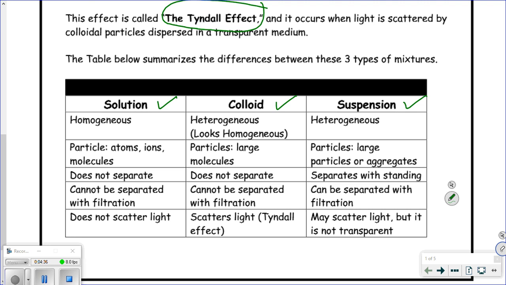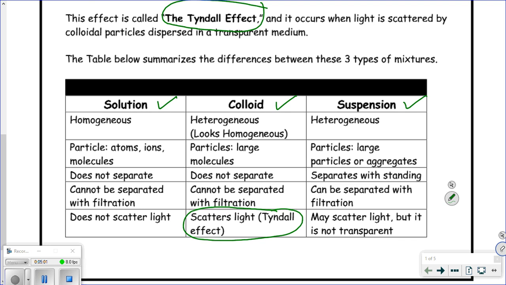Your particles are pretty large molecules. It doesn't separate, and it also cannot be separated with filtration. However, you notice here it scatters light. So if you have a liquid that looks homogeneous, and you took a light beam and could see the actual light beam through the liquid, then you would know you had a colloid and not a solution.